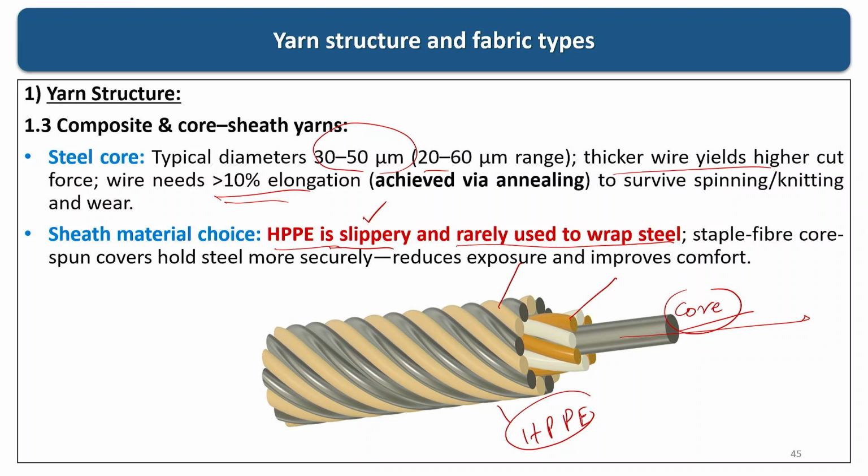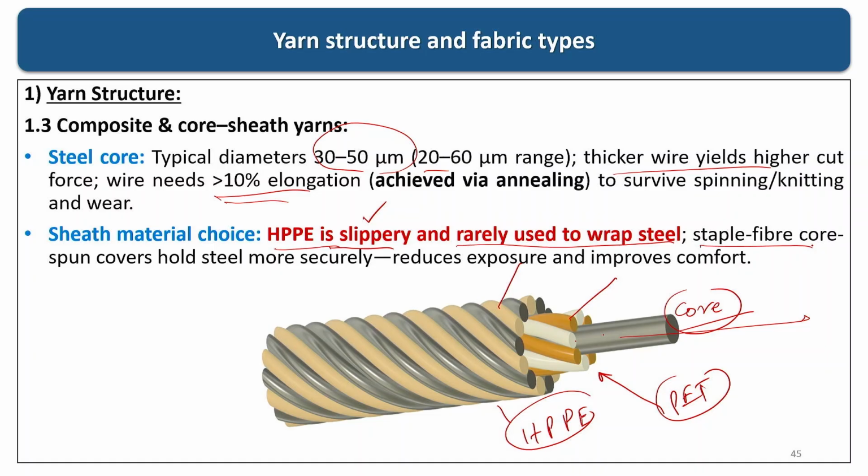Now, here in our experiment, what we have done, we will discuss. We have introduced a second core, where we have used a polyester fiber, PET fiber, which actually has higher friction. So, it will hold the HPPE along with the core. We will discuss this in the study.